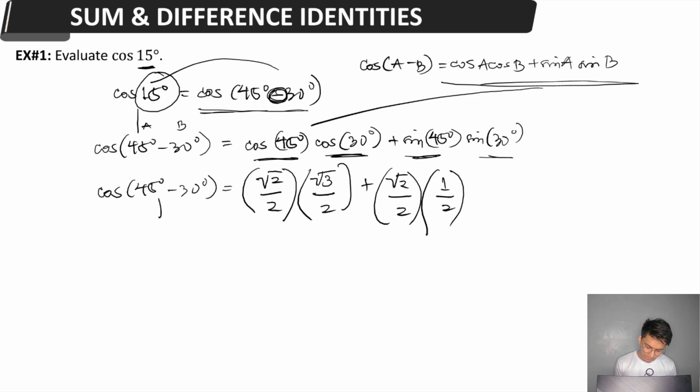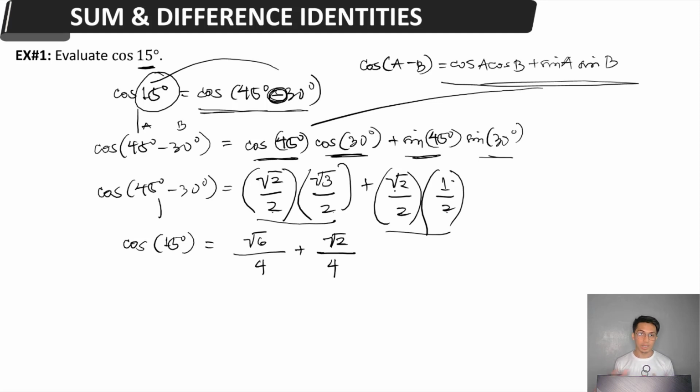So ito, pwede na natin siyang i-rewrite ulit as cosine 15 degrees since nagawa naman na niya yung kanyang purpose. This cosine 15 degrees is equal to, we multiply, and then we add. So the square root of 2 times square root of 3 is square root of 6, and 2 times 2 is equal to 4. Plus, the quantity of square root of 2 times 1 is square root of 2 over 2 times 2 is 4.